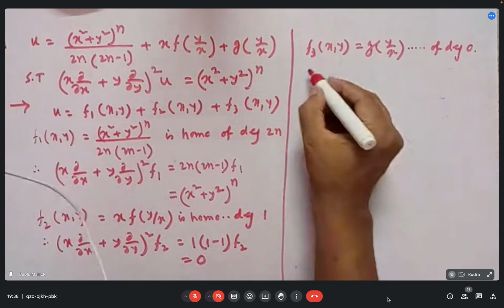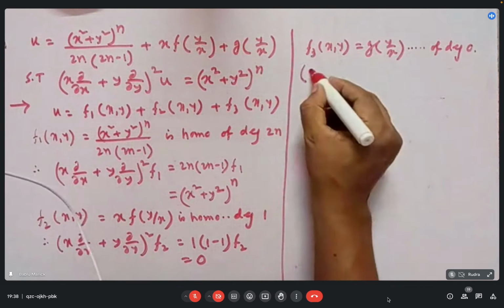Therefore x into del x plus y del y whole square of f3 will be equal to 0. This is number 1, this is number 2, and this is number 3.